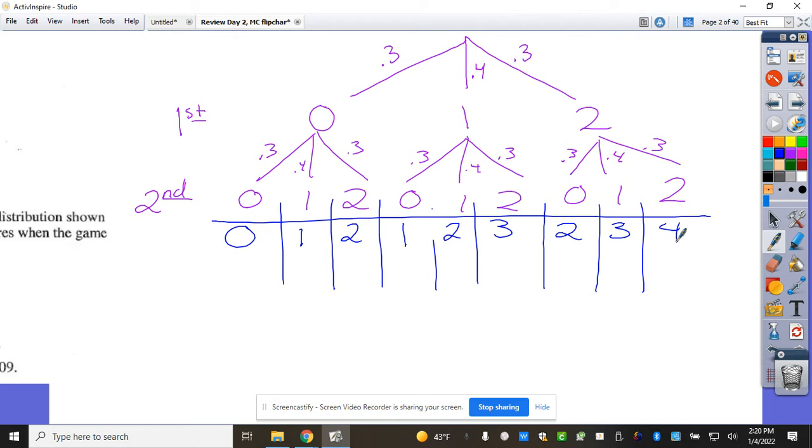How do I figure out the probability of this first path? Multiply. So I'm multiplying this path right here. So 0.3 times 0.3 gives me 0.09. My second path would be 0.3 times 0.4, which is 0.12. So I'm just multiplying my paths. Most of these are pretty easy numbers to multiply and repetitive.